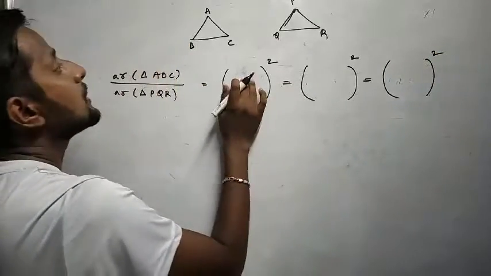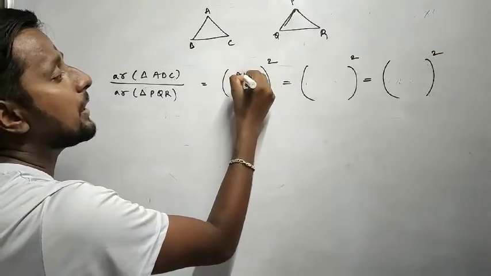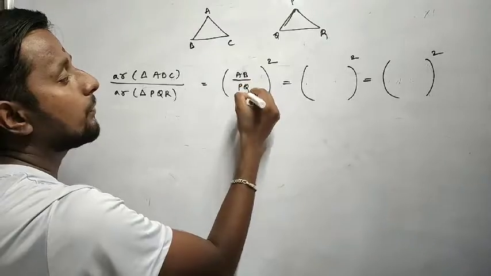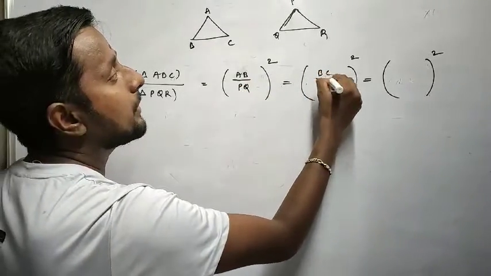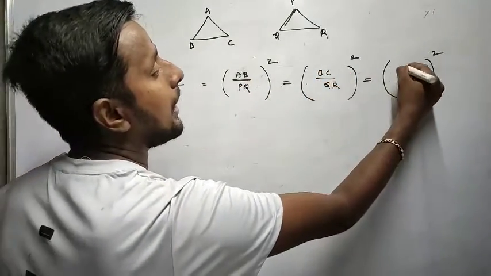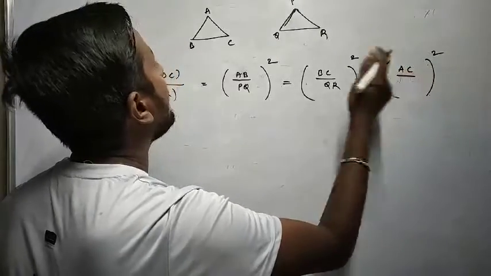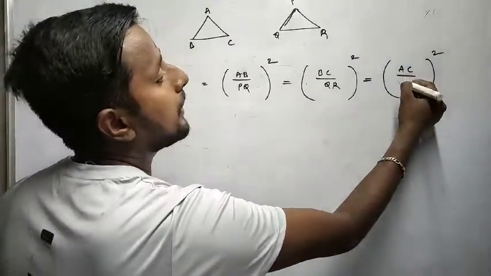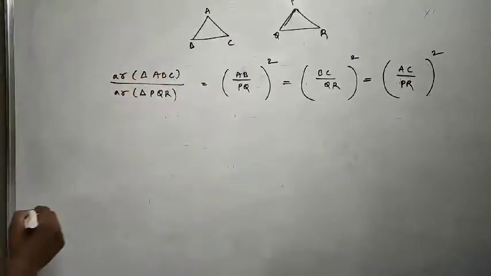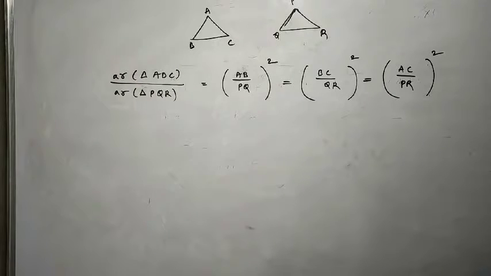That means the square of AB by PQ, BC by QR and AC by PR. So simply, the ratio of areas of two similar triangles is equal to the square of the ratios of its corresponding sides. It is a theorem.